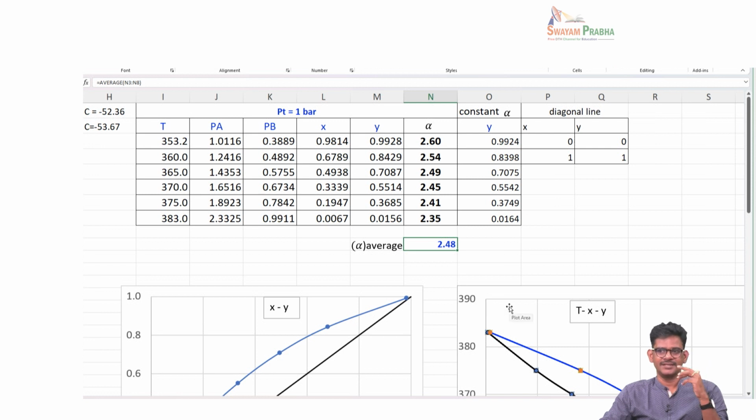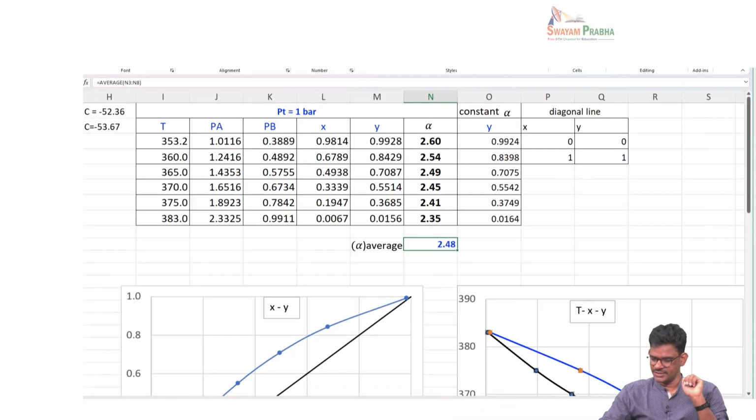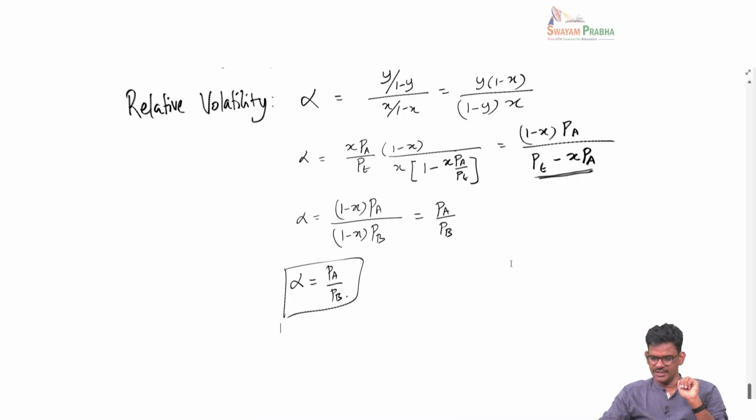Like I said, this has a lot of consequences for the GATE questions, because in many GATE questions they will say relative volatility is constant and some number will be given. The question is, can you create VLE data with this assumption? Yes, we can do that. So we will go back here, and assume that this is constant.